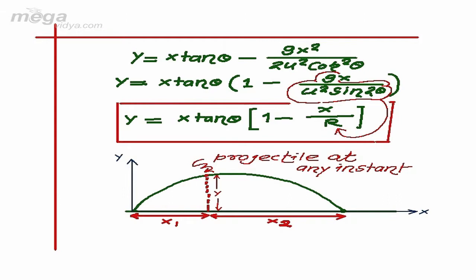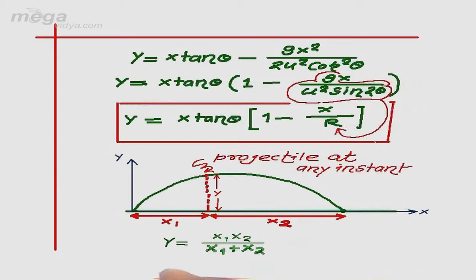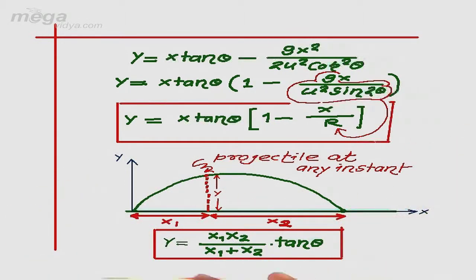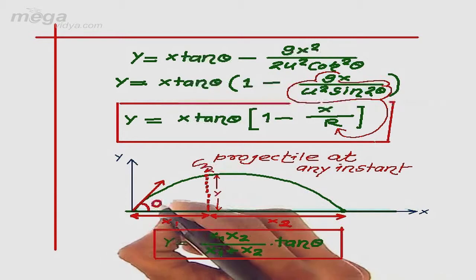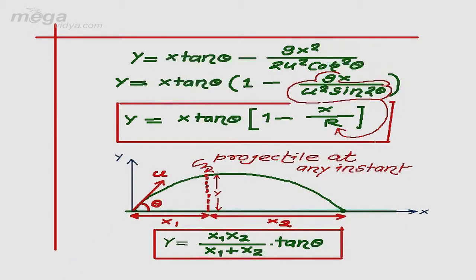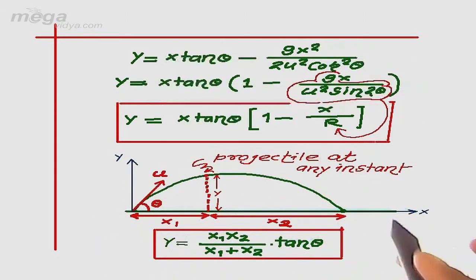So here the projectile at any instant is shown in this xy reference frame where the projectile's y position is y, and its x position relative to the point of projection is x1 and relative to the point of landing is x2. Then the above equation of trajectory can be written with the projectile thrown at angle of projection theta with certain velocity u, so at any instant the projectile's height y can be written in terms of its x position relative to the point of projection as x1 and with respect to the point of landing as x2.